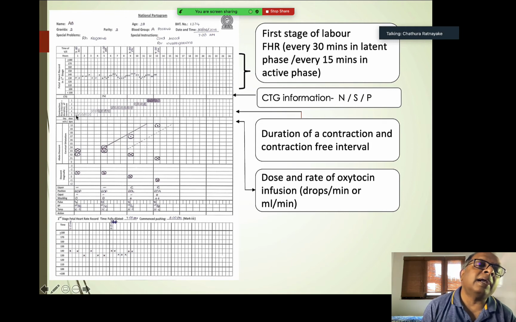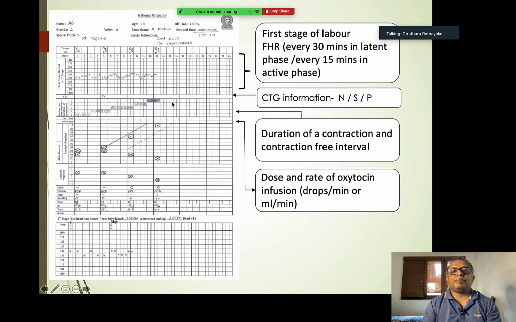This is marked in the interval between the contractions, the contraction free interval. Now, you can see in the early stages, the interval between contractions is around 5 minutes, and it comes to 4, and then gradually it becomes less than 1. So, this is an ascending type of graph.